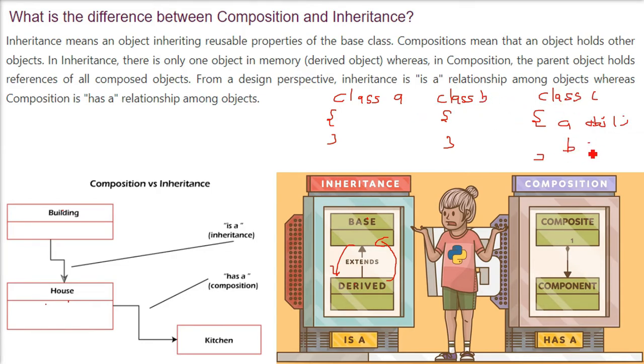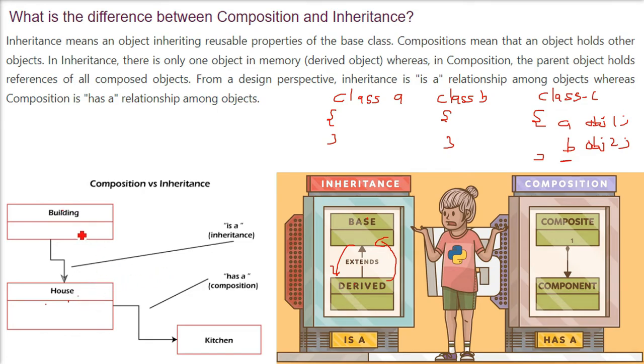But now you see, these two objects of two classes are the member variables of class C. So now class C has A, class C has B. When a class is referring to other classes with respect to their objects, it is called a has-a relationship.